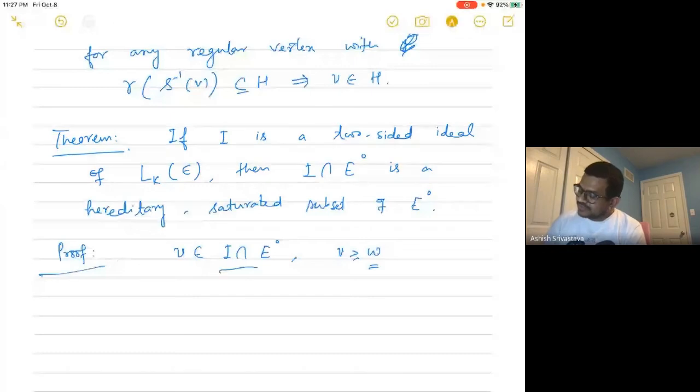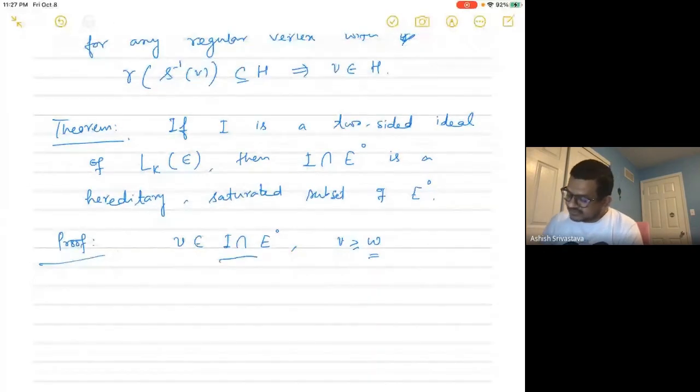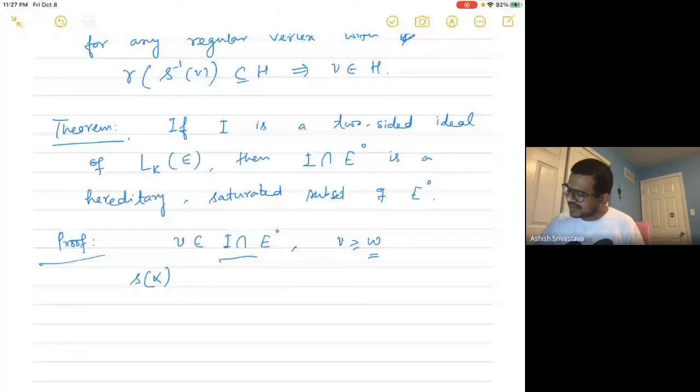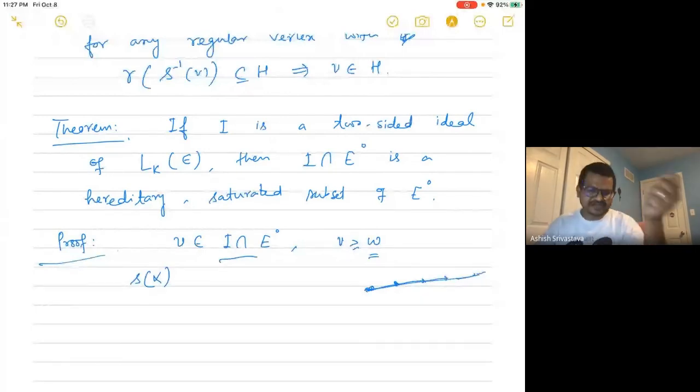So there is some path alpha whose source is V. The source of a path, if you have a path consisting of these adjacent edges, is its starting point, and the endpoint we call the range of the path.